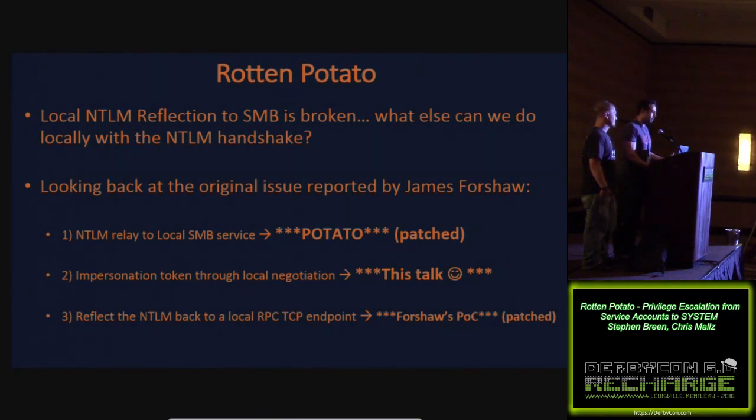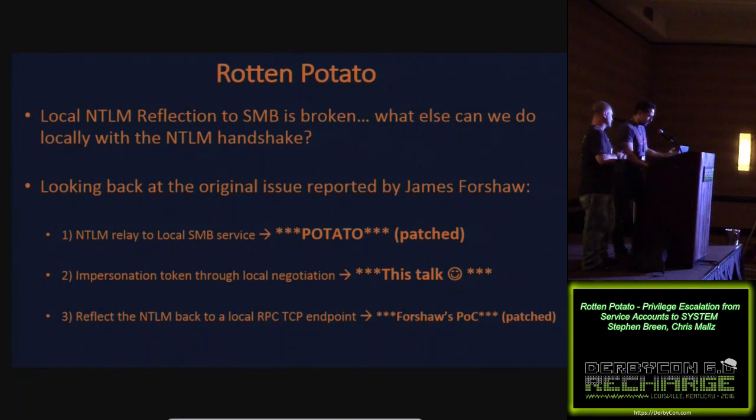That's all we're going to do with Rotten Potato. We are going to take that NTLM authentication, negotiate it locally, and get a token on the machine as NT Authority System, and then we impersonate that token, and we become NT Authority System as long as we have permission to impersonate the token.